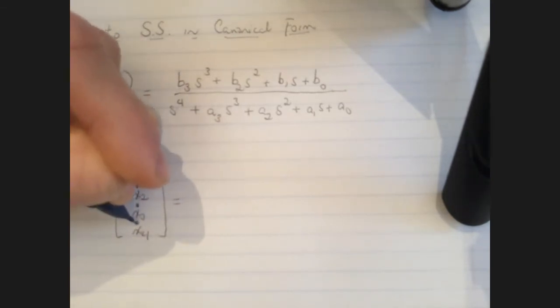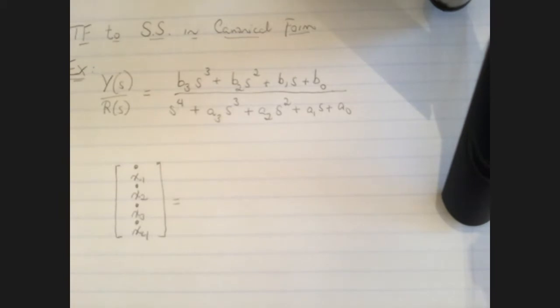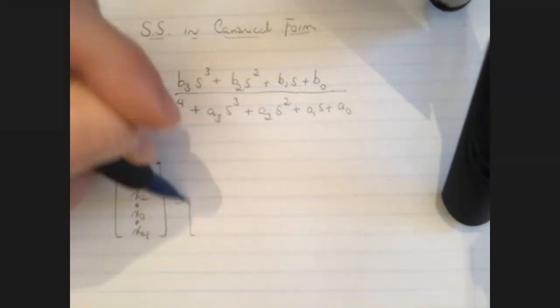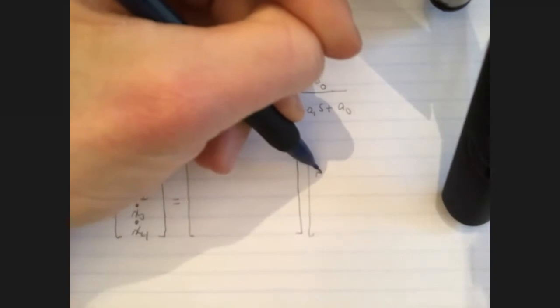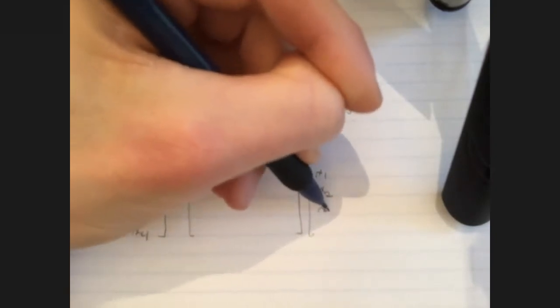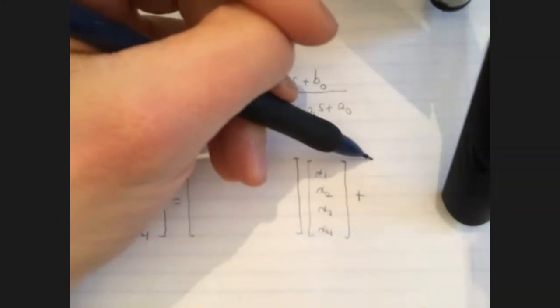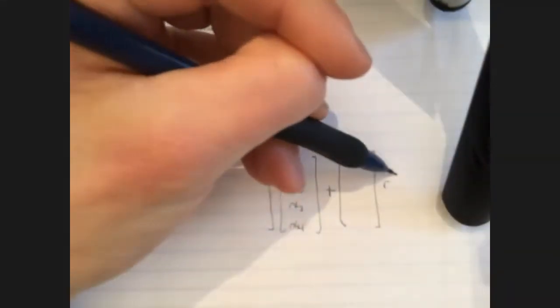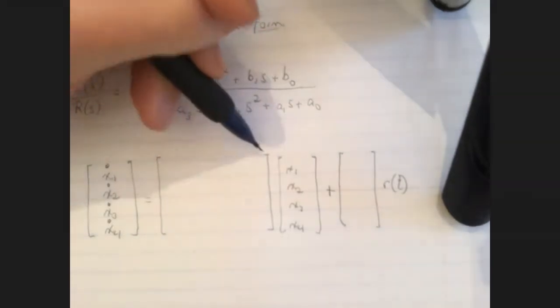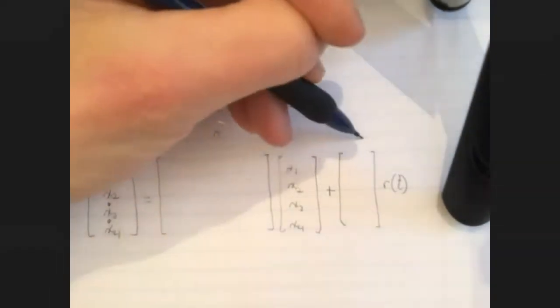So it's going to be the derivatives of the states, then a 4 by 4 matrix right here times x1, x2, x3, x4. Then plus, here you would have that column, times r of t. So this here is going to be our A matrix. This here is going to be our B matrix.